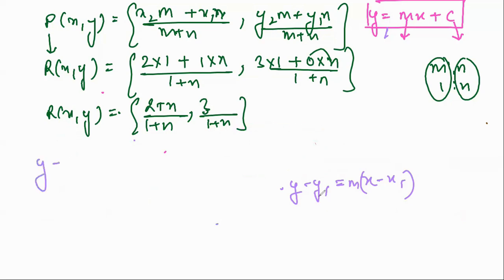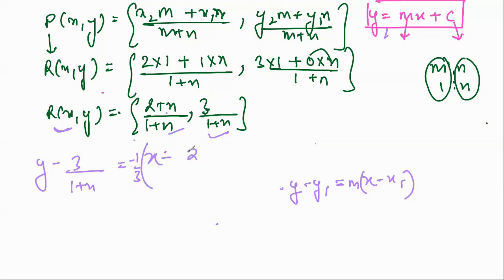So y minus y1, and I take x1, y1 from the point which is internal on PQ. That is the point R, which also lies on L1. So for me y1 is 3 over (1 plus n), which equals m, that is minus 1 by 3, into (x minus x1).